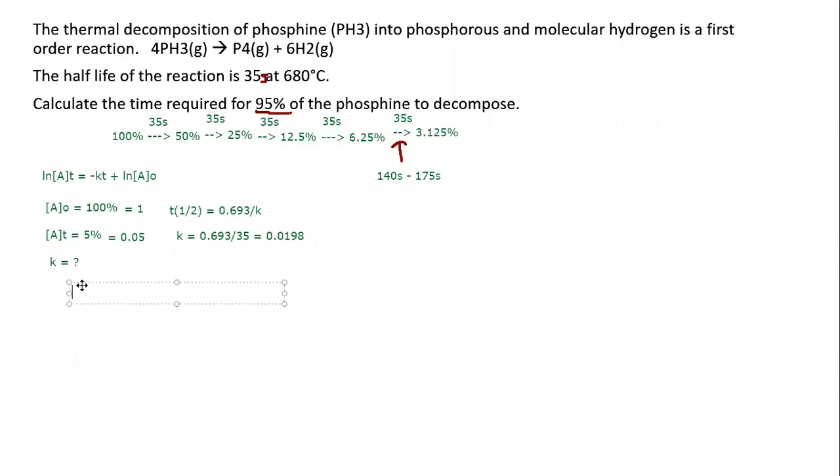Now we set this up, and we get ln of 0.05 equals negative 0.0198 t. The beauty is that ln of 1 is 0, so that goes to 0. If we take the ln of 0.05, we get negative 2.996.